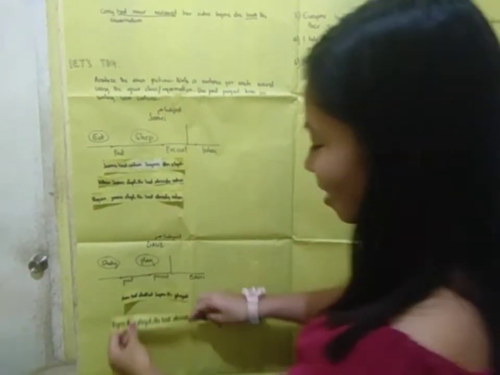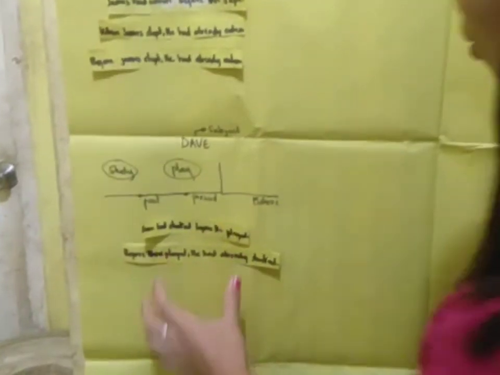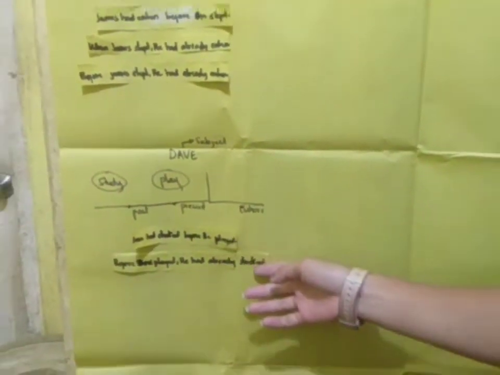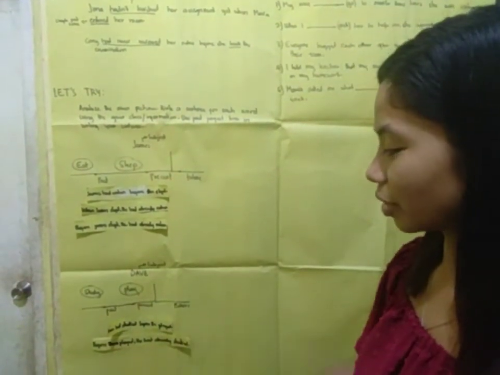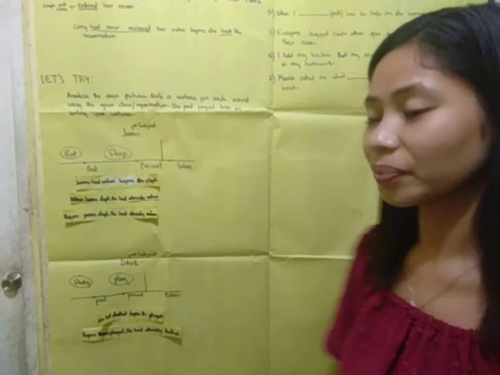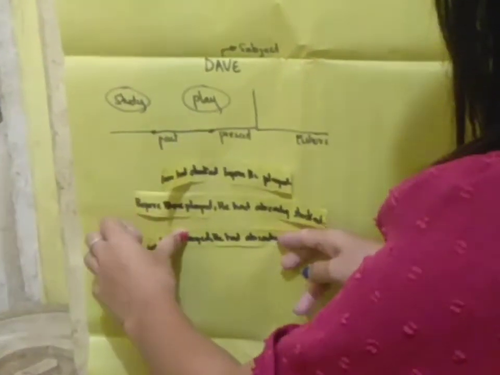Anyone? That's a great idea. The answer number two is: Before Dave played, he had already studied. Lastly, the answer in number three: When they played, he had already studied.